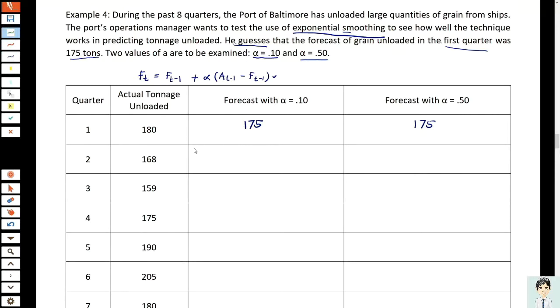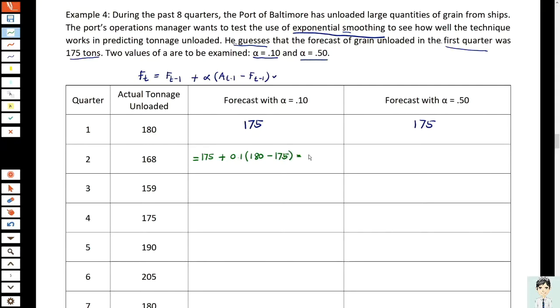Next, for the second quarter forecast, we have 175 for the forecast of the previous period plus the smoothing constant of 0.1 multiplied by the difference of the actual demand, or the actual tonnage of the previous month, which is 180, minus the forecast of the previous month, which is 175.